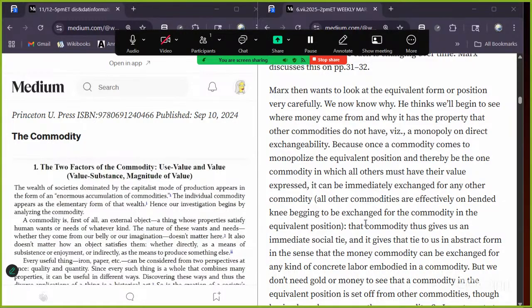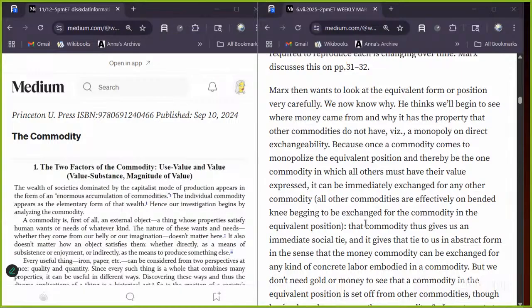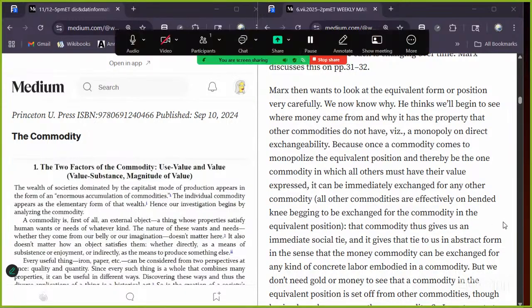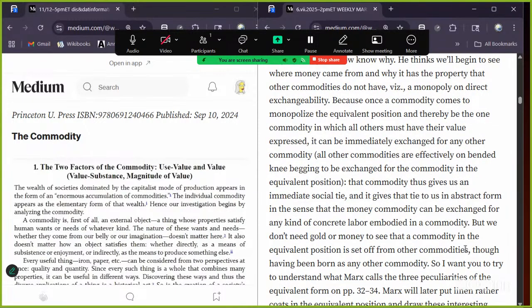That commodity thus gives us an immediate social tie, and it gives that tie to us in abstract form, in the sense that the money commodity can be exchanged for any kind of concrete labor embodied in a commodity. So we see a kind of generalization. But we don't need gold or money to see that a commodity in the equivalent position is set off from other commodities, though having been born as any other commodity.